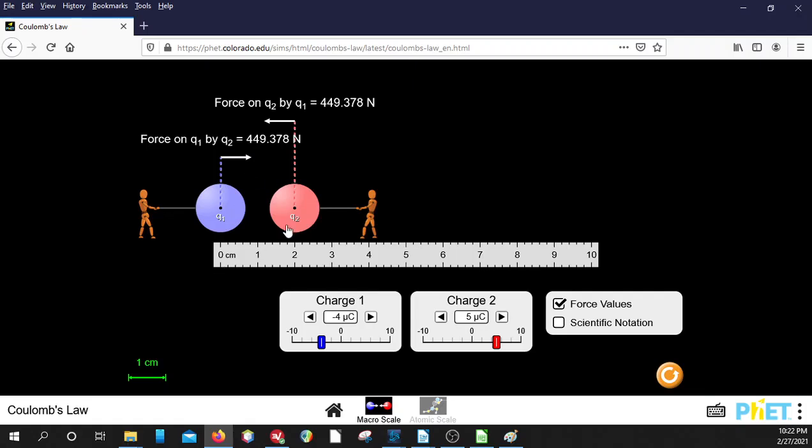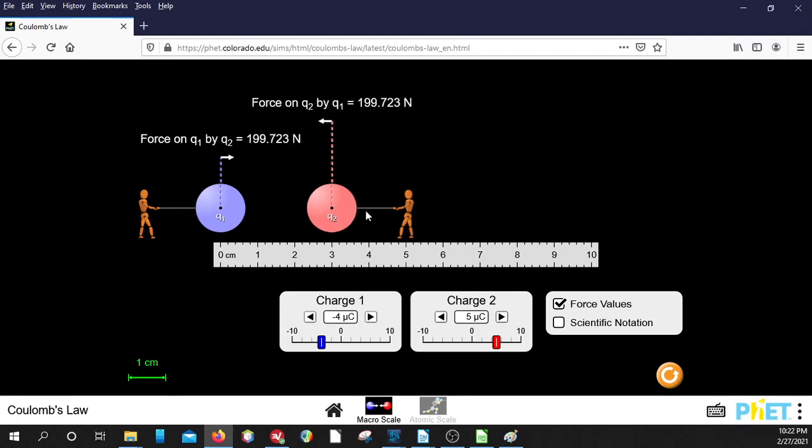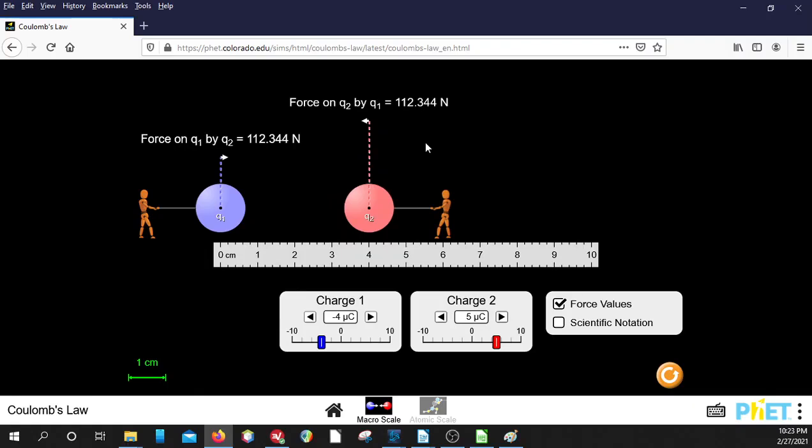Okay, so then we move Q2 to 3 centimeters, and the force decreases. 199.7, and then 112.3.